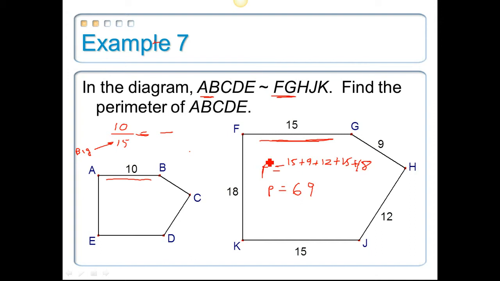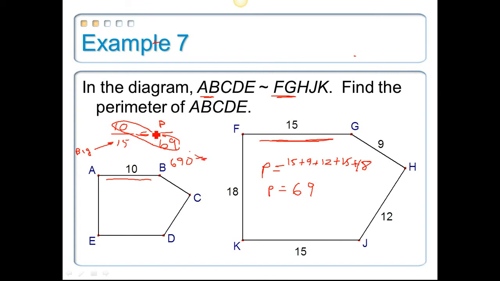So we know the perimeter is 69 on the bottom, because that's the big perimeter. And we don't know the perimeter of the small shape on the left. So we can cross multiply, and we get 690. That's what I got by doing this.